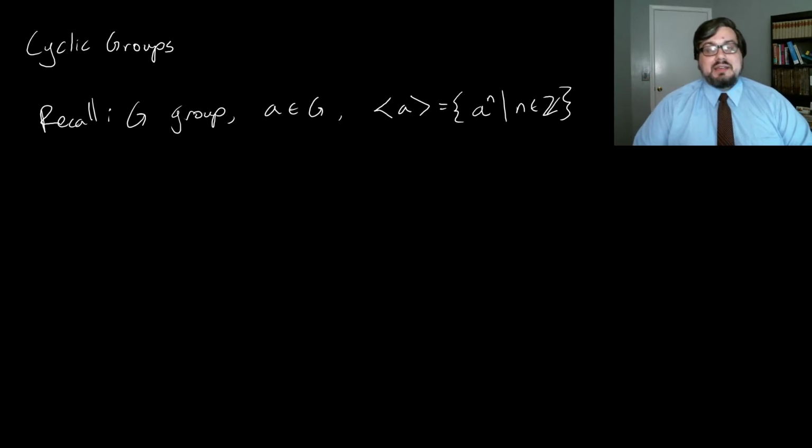So this is a squared, a cubed, etc., as well as a to the 0th, which is the identity, a inverse, a to the negative 2, etc., all possible powers of a. This is when G is written multiplicatively.